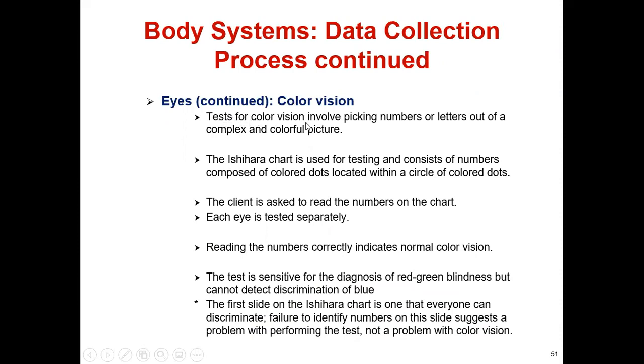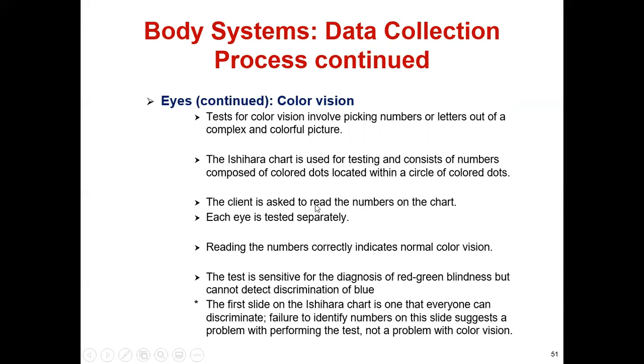Next, color vision. The test for color vision involves picking the number or letter out of a complex colorful picture. This chart is called the Ishihara chart. The Ishihara chart consists of numbers composed of colored dots located within a circle of colored dots.